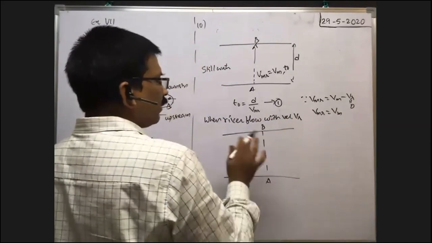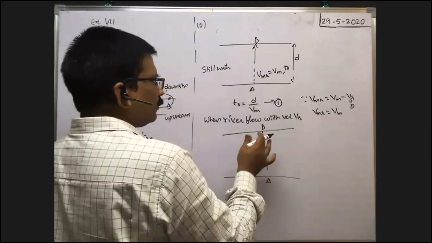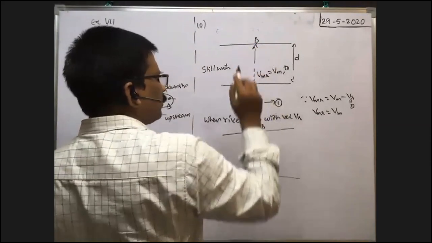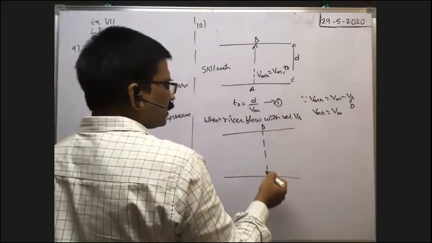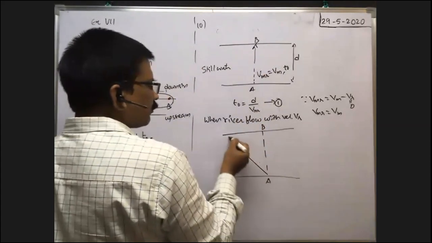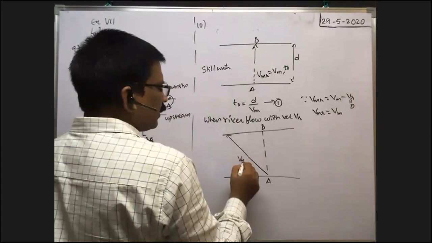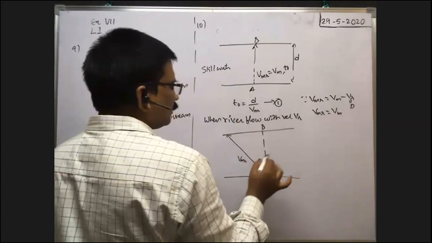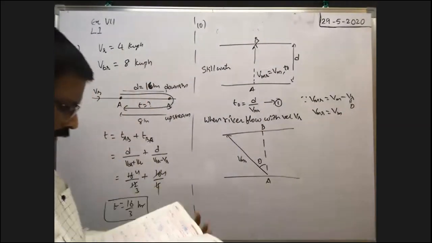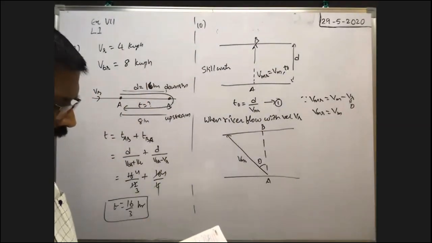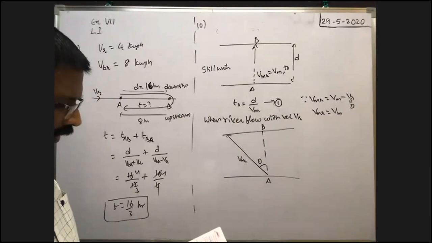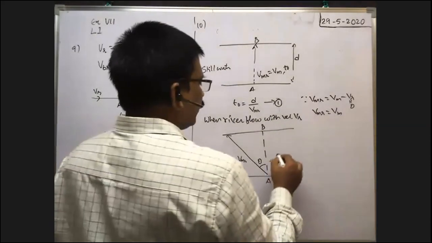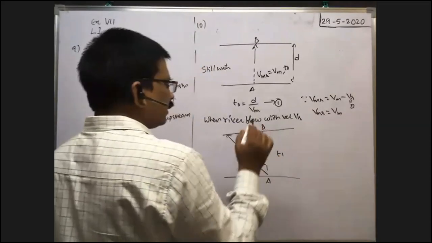Whenever the river is not flowing, velocity of the man with respect to river is along the same direction only and reaches exactly the opposite bank. But whenever the river flows, the man has to swim upstream with the same velocity VMR to cross the river along the shortest path with a certain angle theta. In this case, he crosses the river in a time T1.